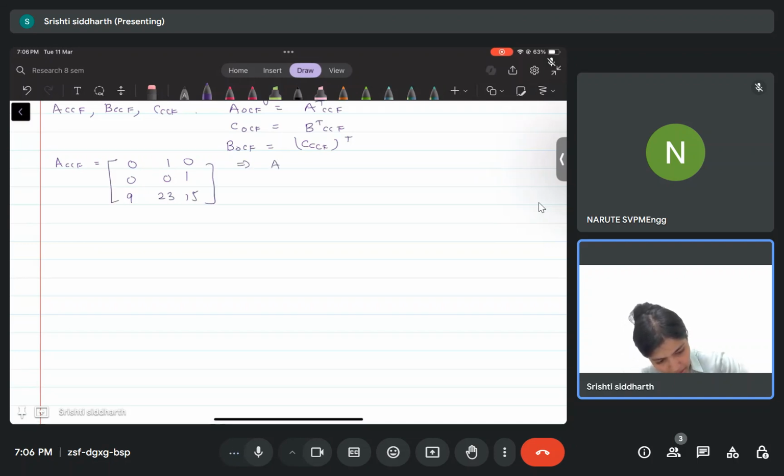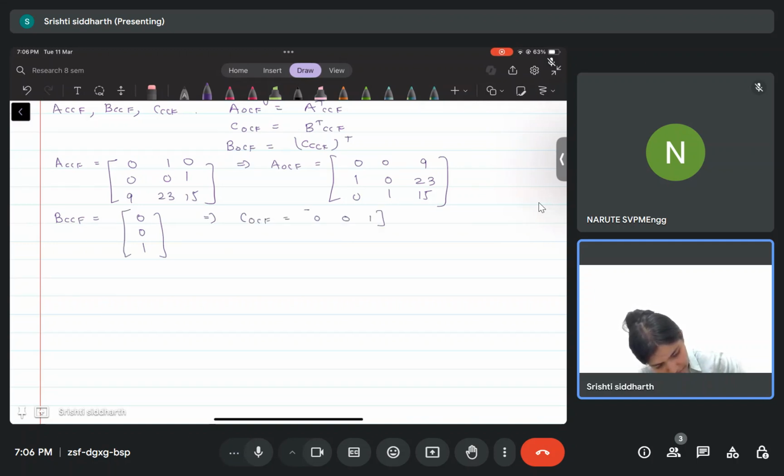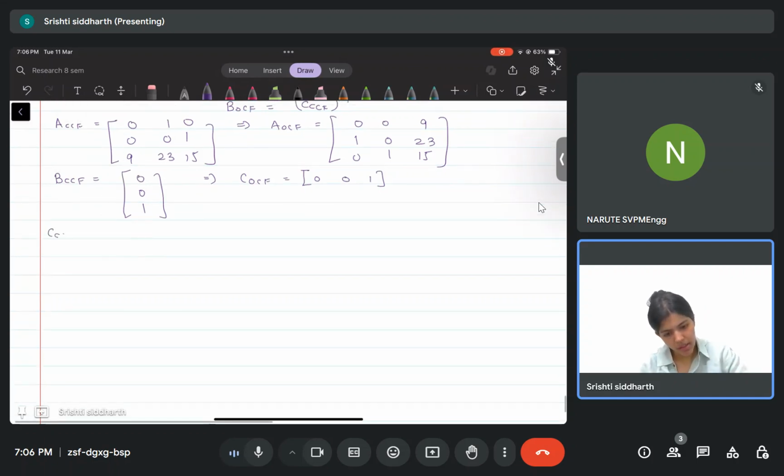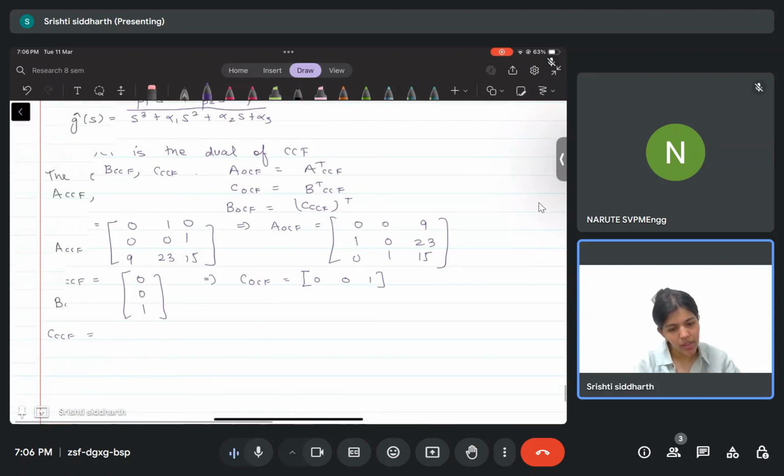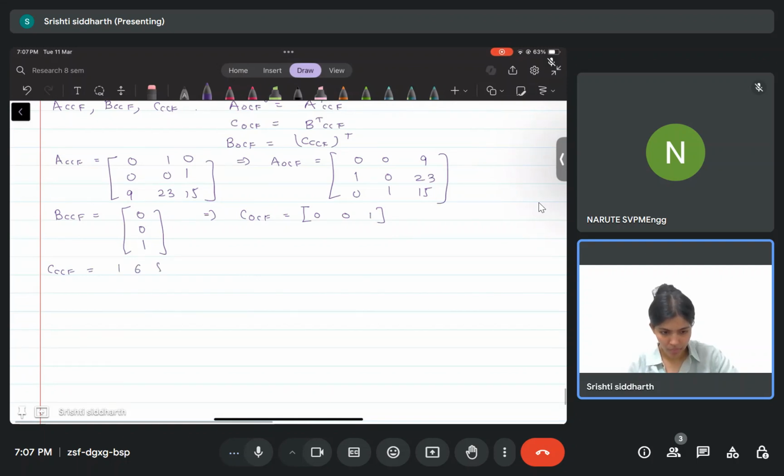This implies that B_CCF is 0, 0, 1, which implies that C_OCF is 0, 0, 1. C_CCF is beta 1, beta 2, beta 3, so we have 1, 6, 8. So B_OCF is 1, 6, 8.